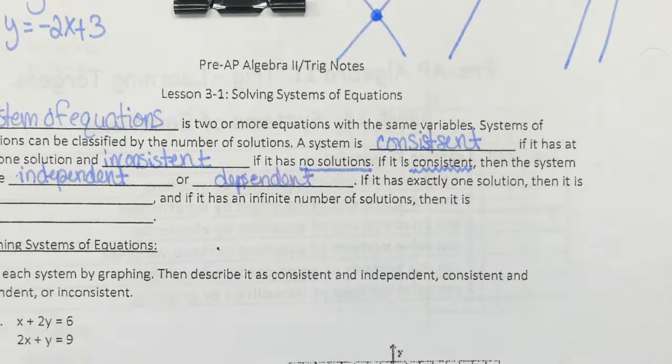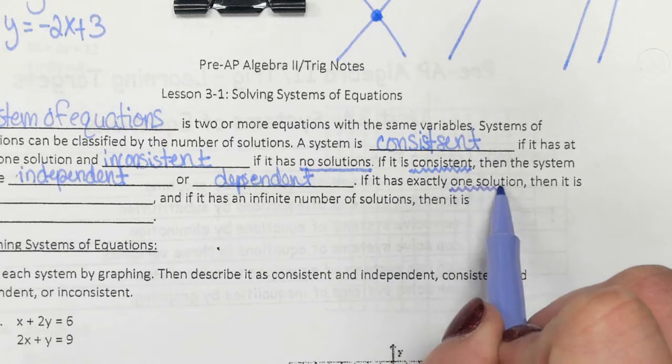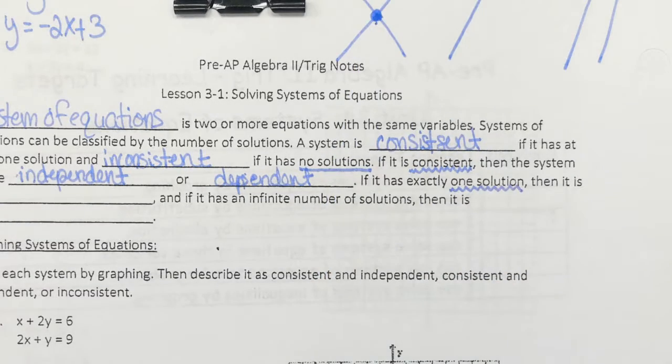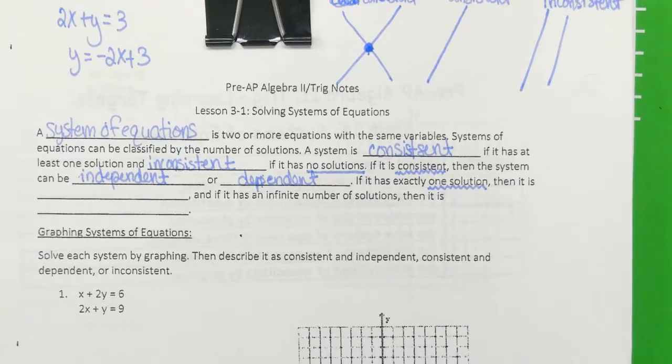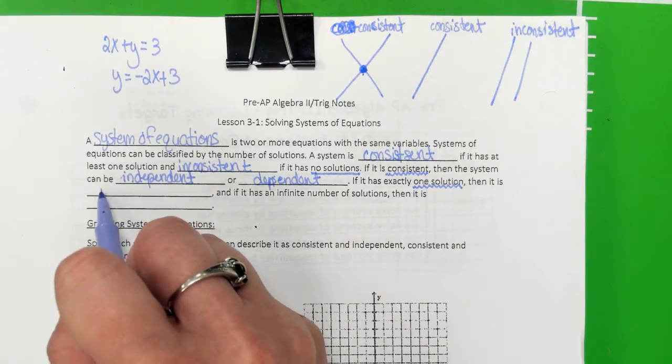Okay, so look what it says. If it has exactly one solution, so you see the picture that we drew with exactly one solution? So if it's one solution, then it's independent.